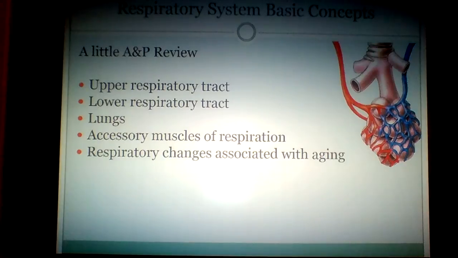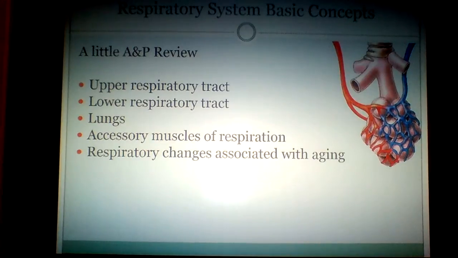When it's at rest, it sits up and allows air to go into the lungs. And when you're swallowing, it folds backwards over so that it prevents any food or fluid from going into the trachea. So that's what's going on as far as upper respiratory is concerned.